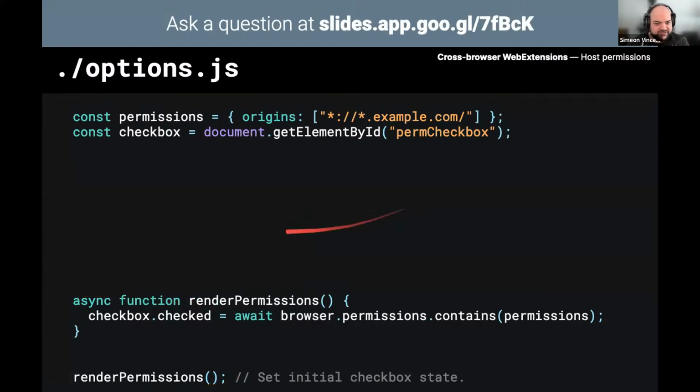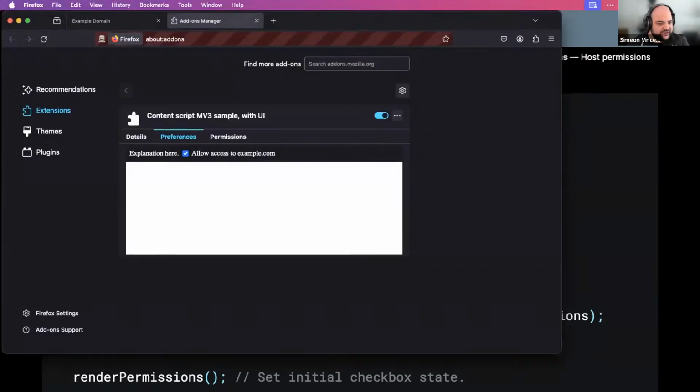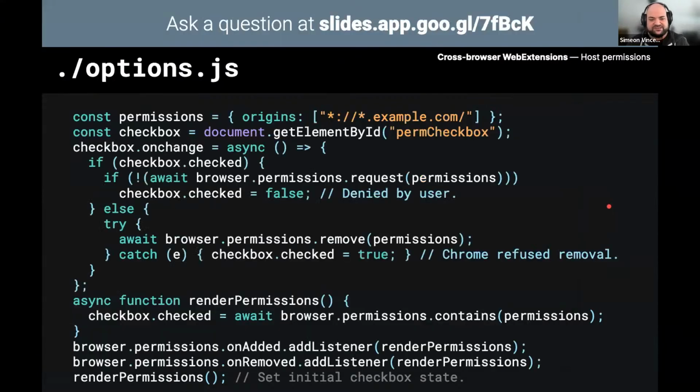So over here in Firefox, when we first load the extension and we see it like this, because Firefox doesn't grant the permission, it's disabled by default. That's how we got this content. Next, we need to actually wire it up in order to reflect changes when the user grants permission.